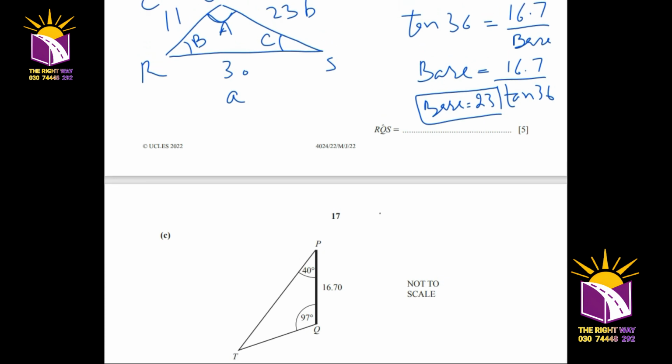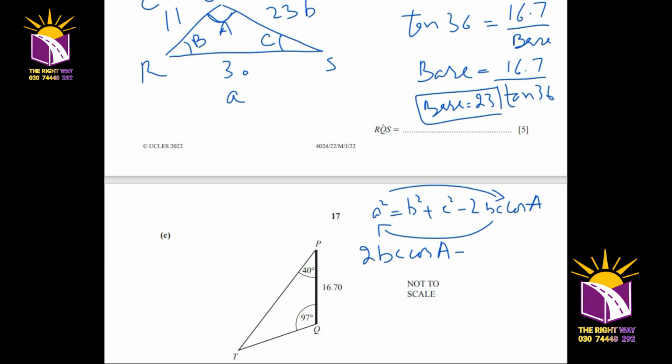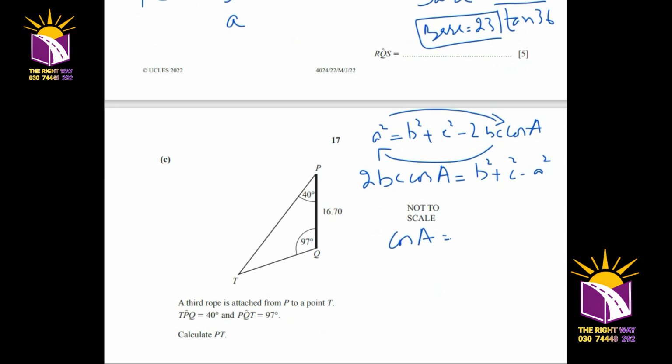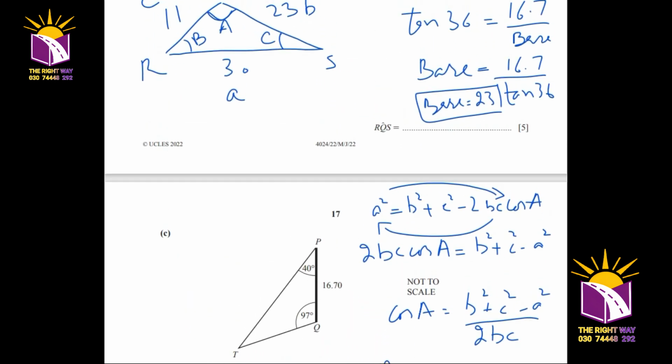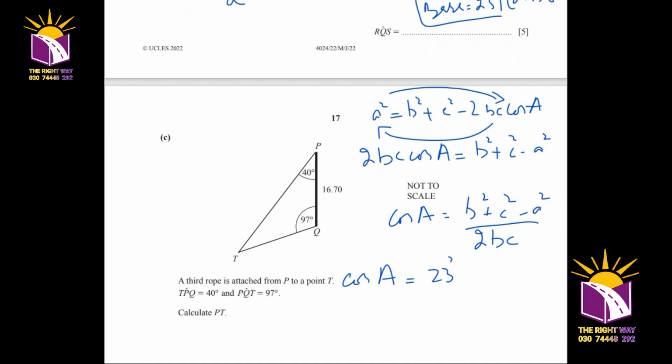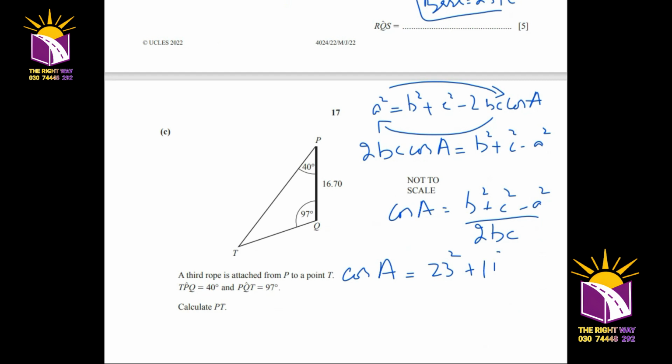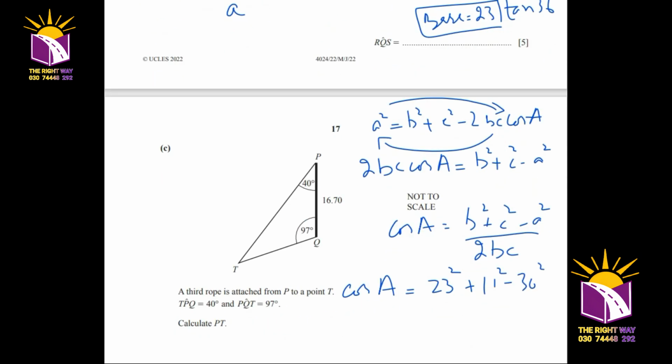Which angle do I have to find? A. So A square is equal to B square plus C square minus 2BC cos A. Taking this on that side and A square on this side, 2BC cos A will be equal to B square plus C square minus A square, and cos A will be equal to B square plus C square minus A square over 2BC.